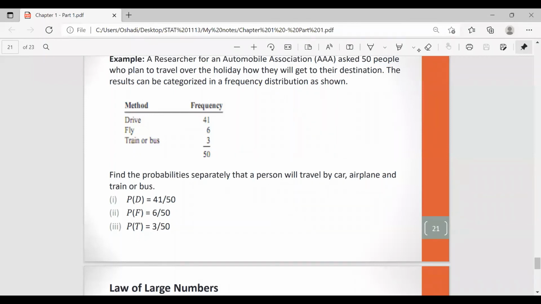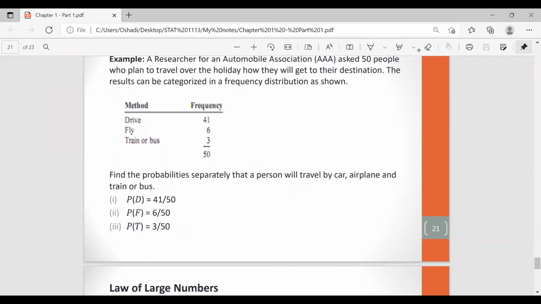Here the experiment has been done, and there is no assumption of equally likely chances. By observation only we can know the probabilities. That is the difference between theoretical or classical probability and empirical probability.